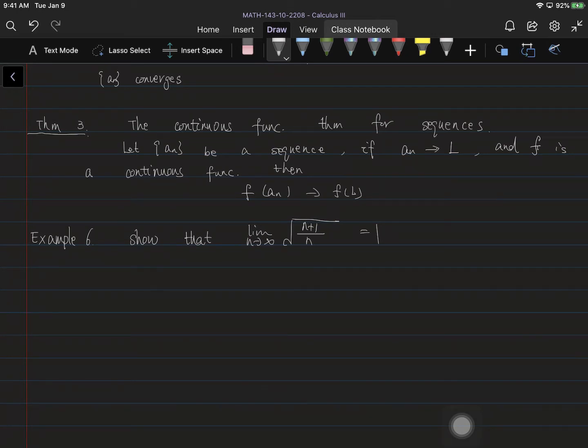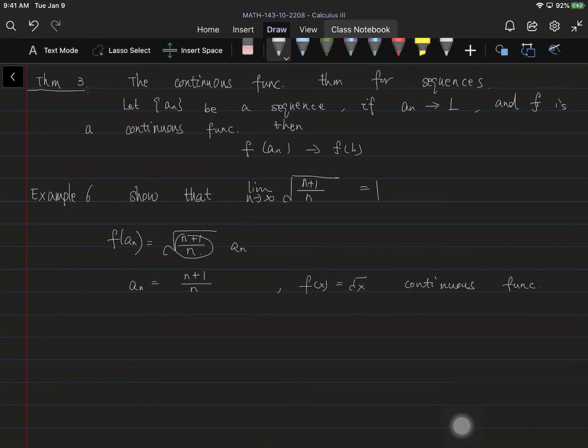Now we can look at the sequence listing as f(an). This is a function of an, and we can treat an as n plus 1 over n, and f(x) as, if this is f(an) and this thing is an, so what is f(x)? f(x) actually is square root x, and this is a continuous function, right?